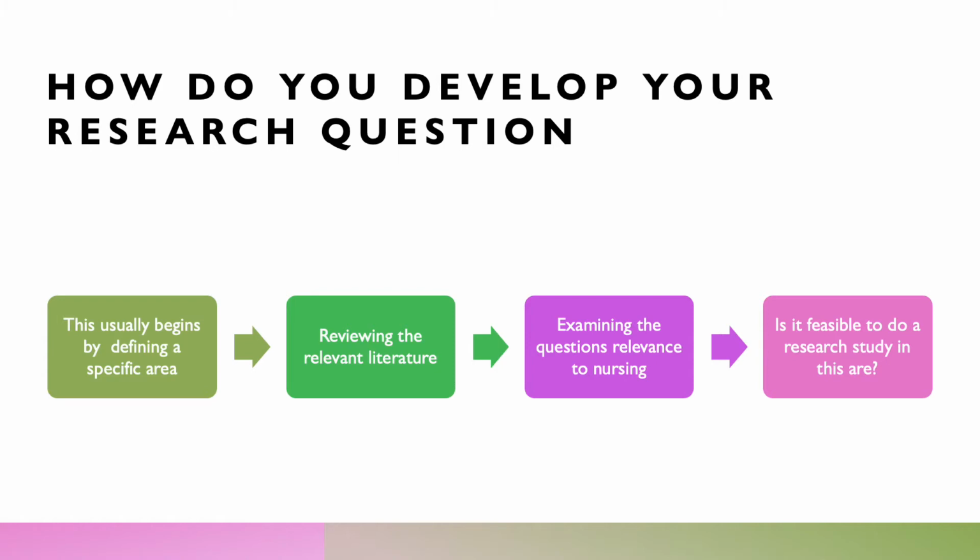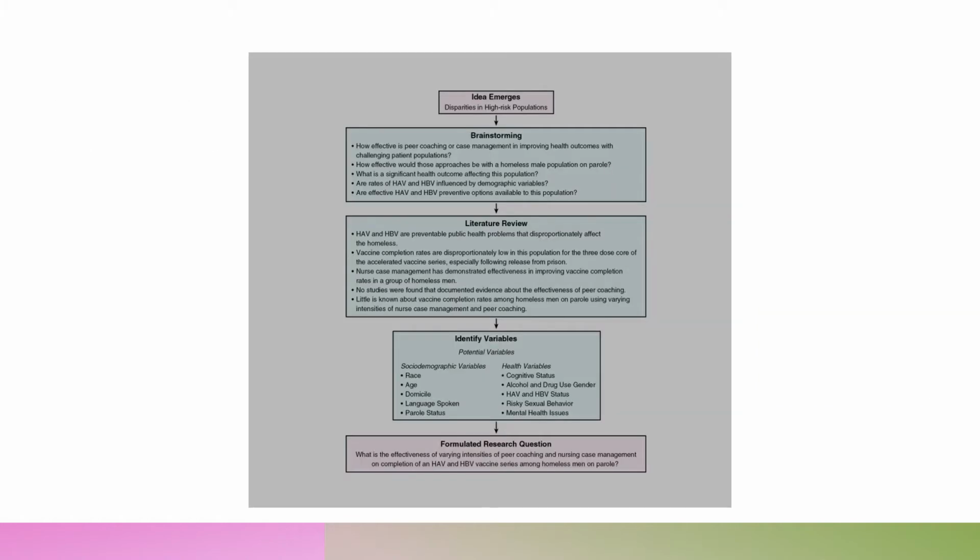Let me give you an example. This person was interested in disparities in high-risk populations for HAV and HBV. And the first thing they did was brainstorm. And when you're brainstorming, you ask yourself some questions. How effective is peer coaching and case management involving health outcomes with challenging patient populations?